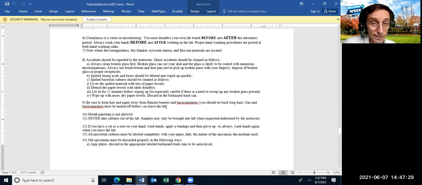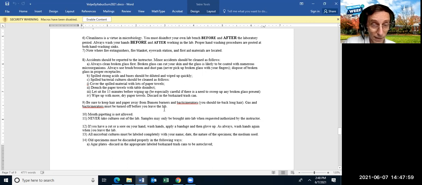Anything that doesn't have microorganisms on it, like a paper towel that you're wiping water or oil off the side of the microscope with, there's no microorganisms on it, that goes in the trash can. But if there's microorganisms on it, put it in the biohazard bag.